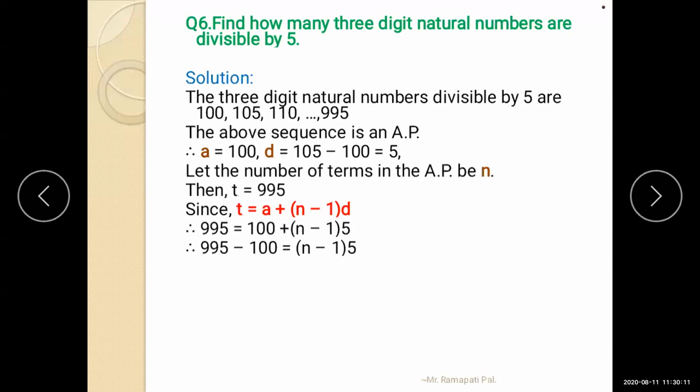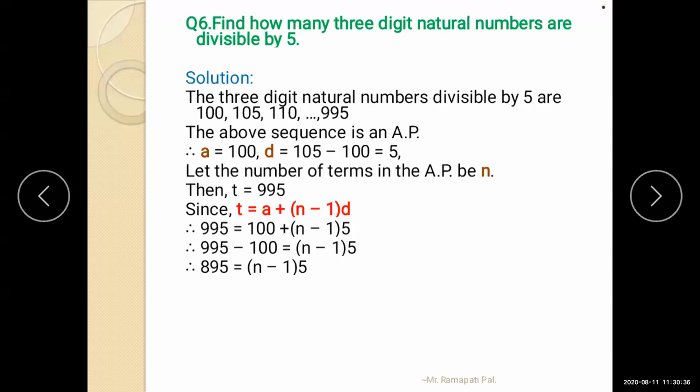Take 100 to the left hand side, so it will be subtracted: 995 minus 100 is equal to (n minus 1) into 5. 995 minus 100 is 895. So 895 is equal to (n minus 1) into 5.